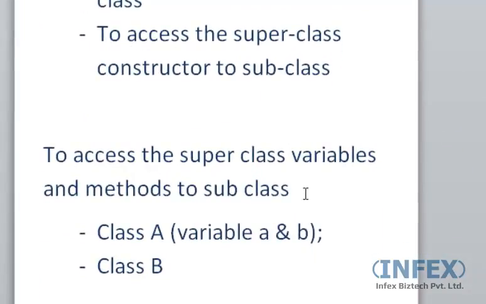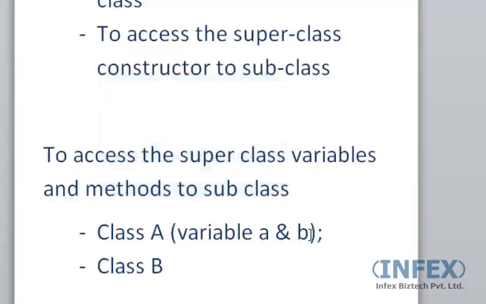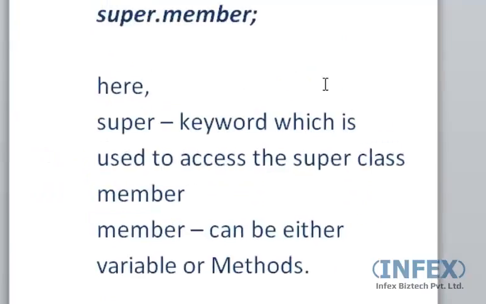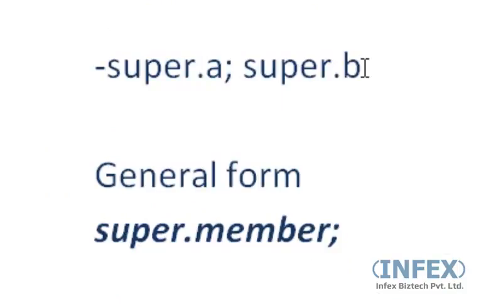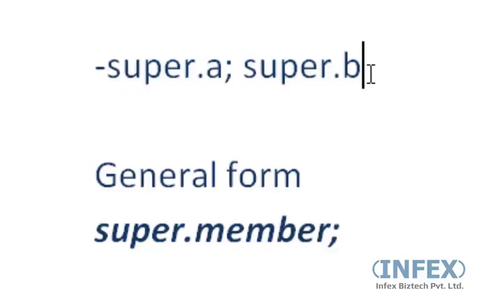First, to access the superclass variables and methods from the subclass: in this example, class A has variables a and b, and the subclass is B. If we want to access the variables a and b of superclass A, we just write super dot variable name. It means super.a and super.b.